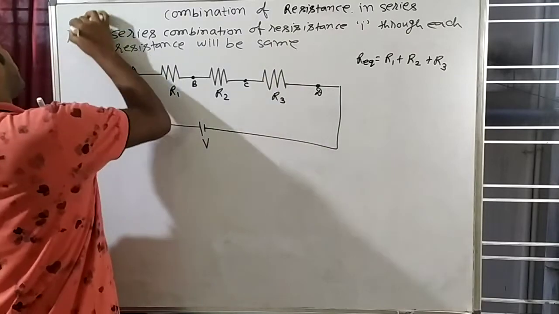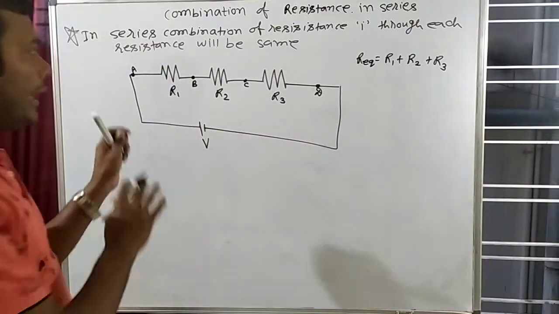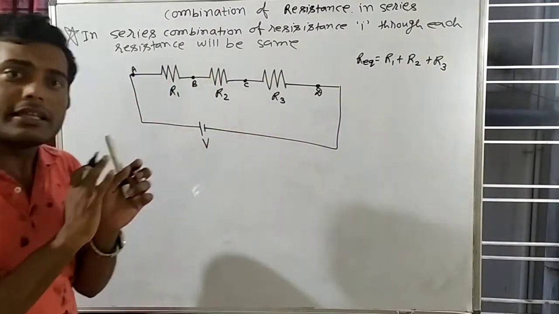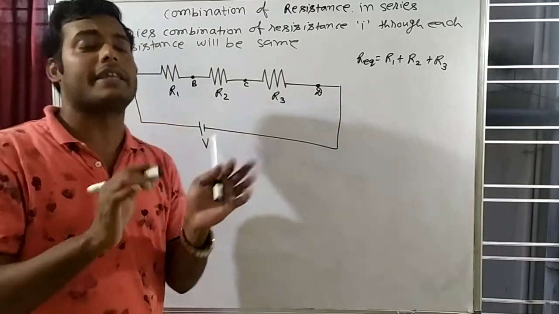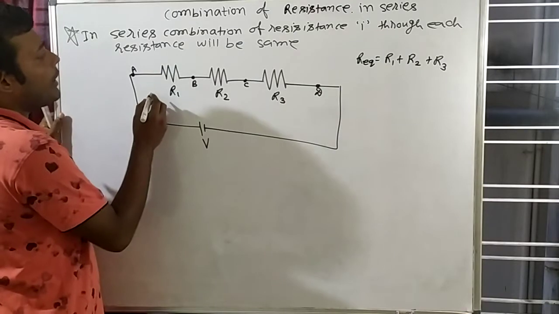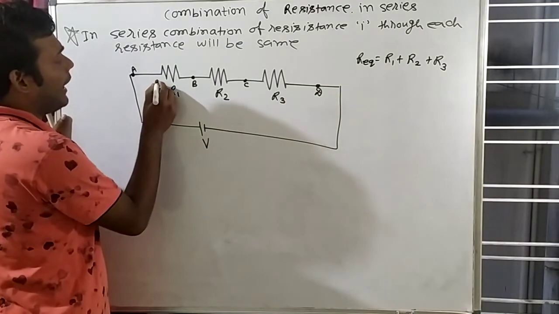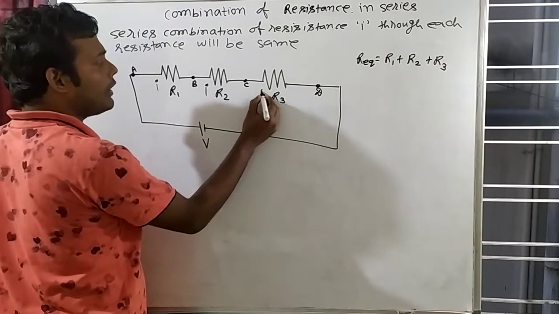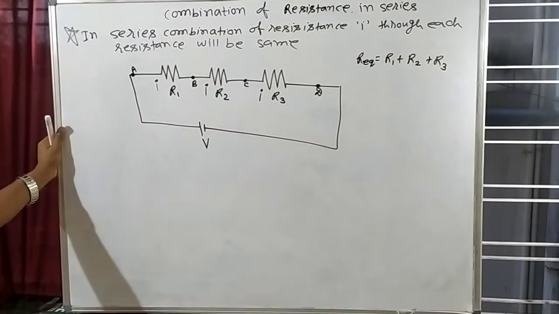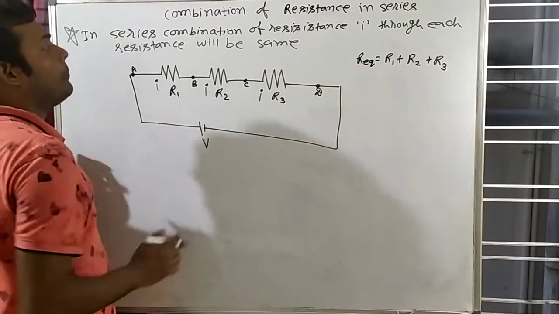This statement you have to keep in mind: whenever resistances are connected in series, the current through each resistance will be the same. For example, if current I is flowing here, then current I will come here also, and here also. Clear? So through each resistance, the same current will flow.